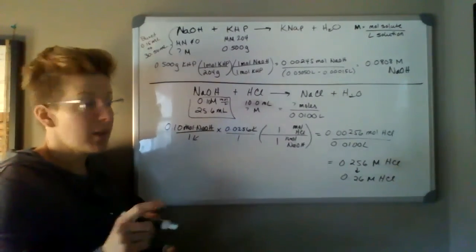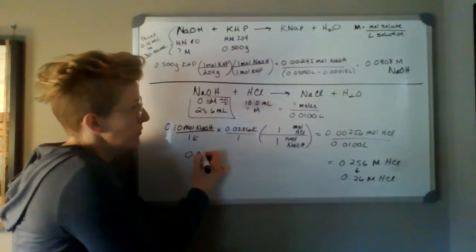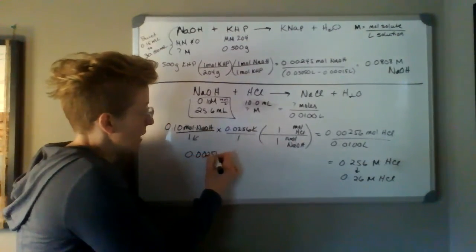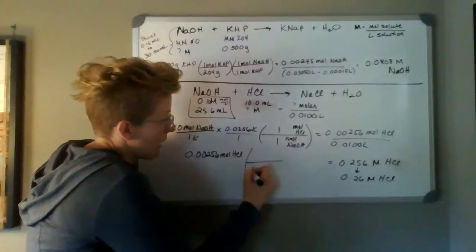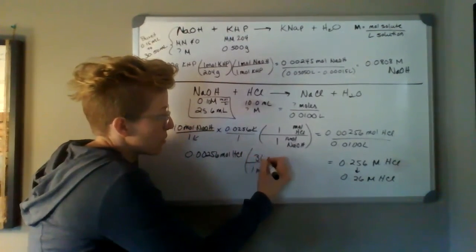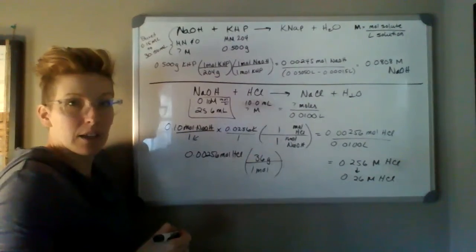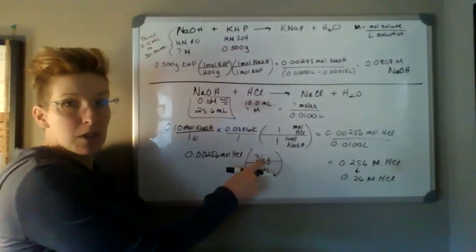We could also now, because we have moles, right? I'm going to do this one quick. 0.00256 moles of HCl. We can now calculate how many grams that is, because we know 1 mole is 36 grams. That's just our standard mole calculation that allows us to go from moles into grams using how much it weighs.